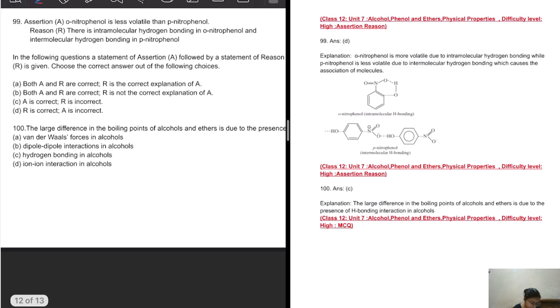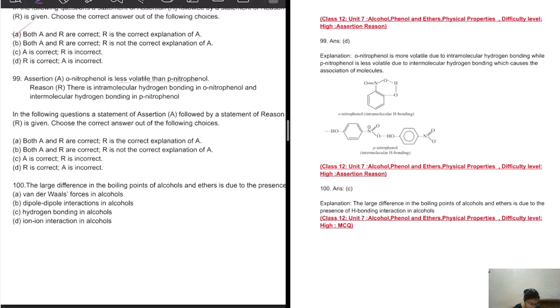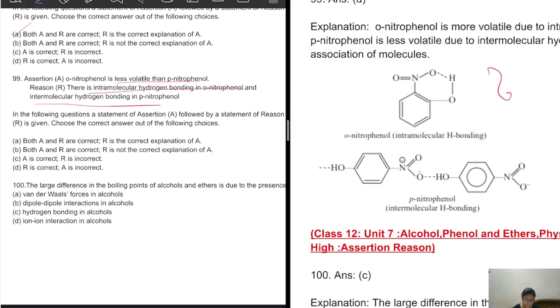Assertion says ortho-nitrophenol is less volatile than para-nitrophenol. Reason says there is intramolecular hydrogen bonding in ortho-nitrophenol and intermolecular hydrogen bonding in para-nitrophenol. See, the intramolecular hydrogen bonding looks like this. This has hydrogen bonding with this. Intermolecular is between different molecules, and intramolecular is in the same molecule.